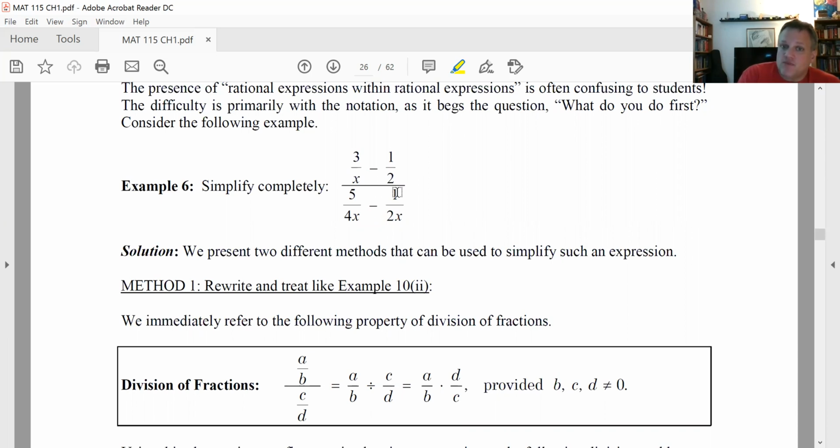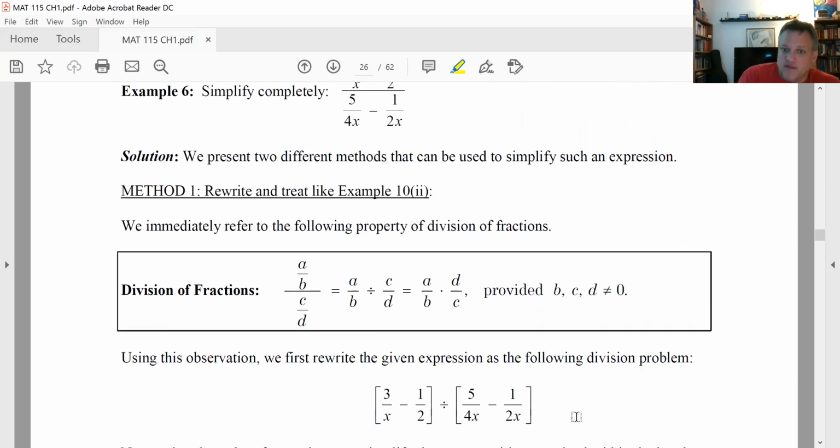And so this really just means take that guy in parentheses and divide it by that guy in parentheses. So it really means this.